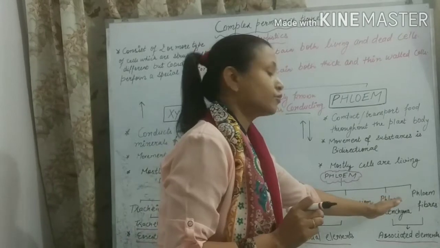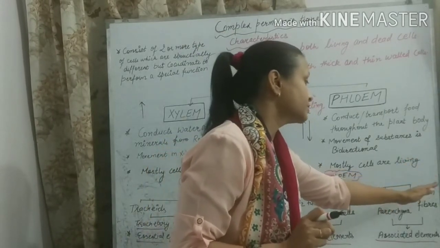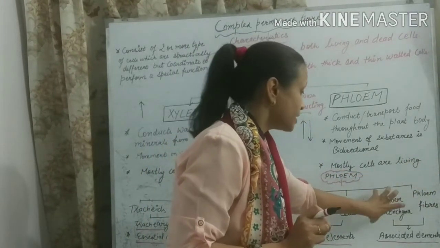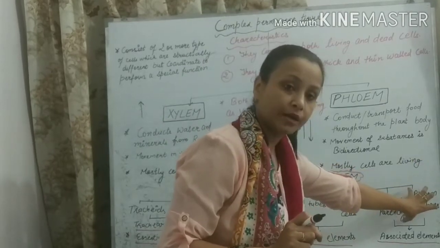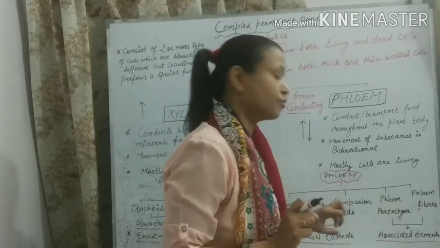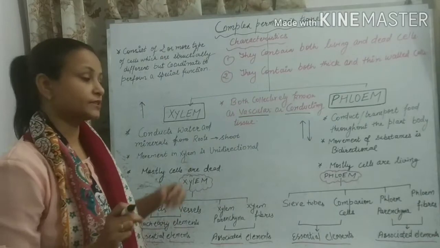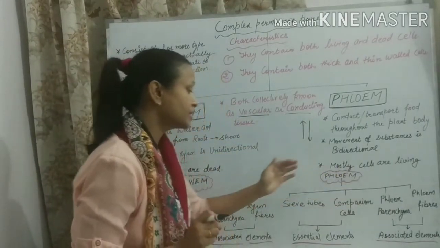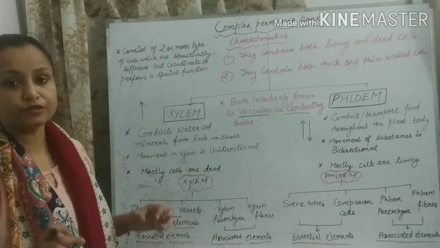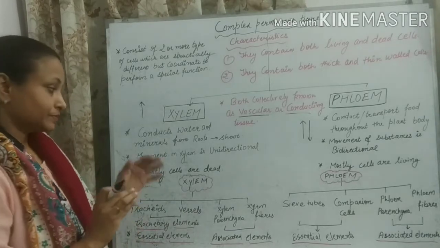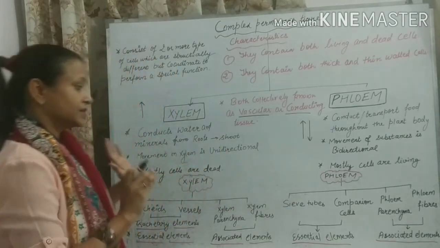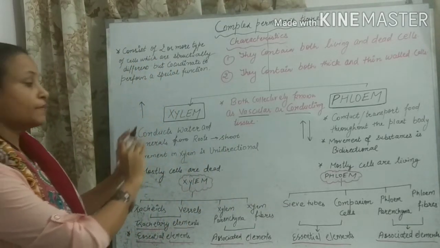The third is phloem parenchyma and the fourth is phloem fibers. Phloem parenchyma and phloem fibers are known as associated elements because they generally support sieve tubes and companion cells to do their work. So these are the types of cells present in xylem and phloem.